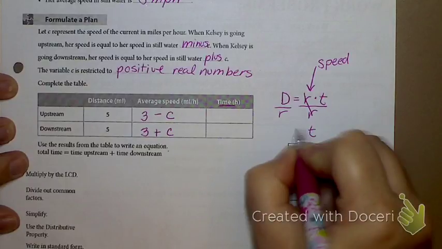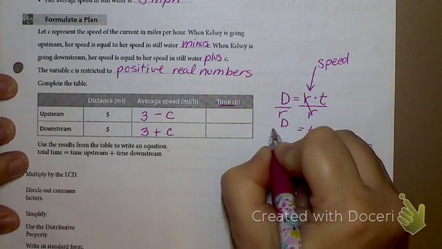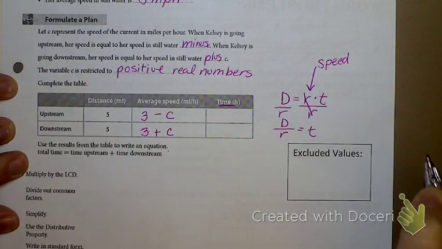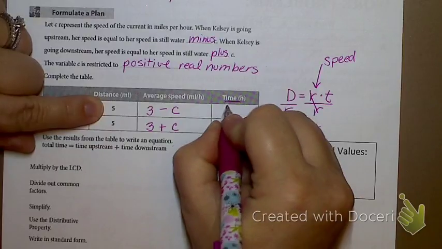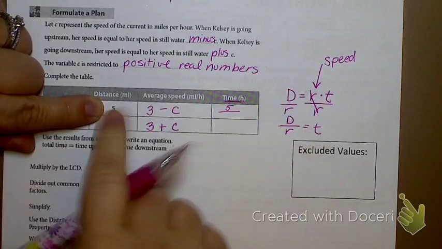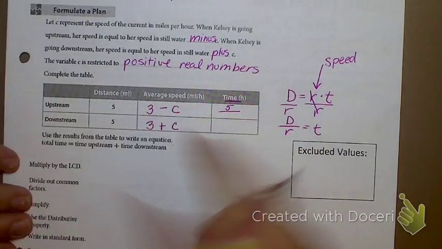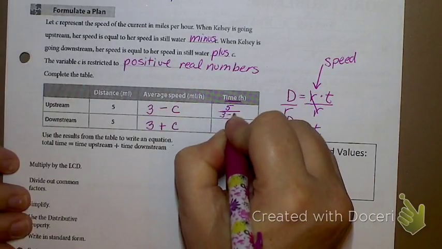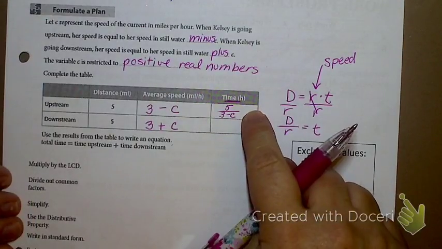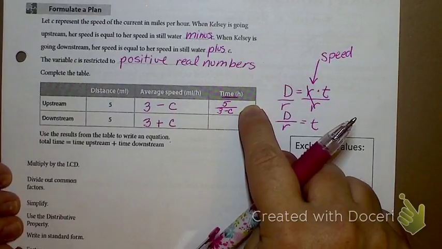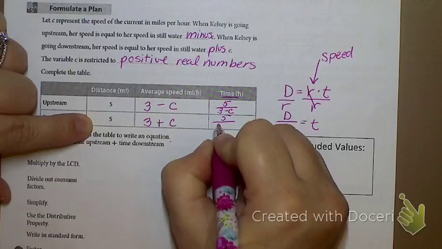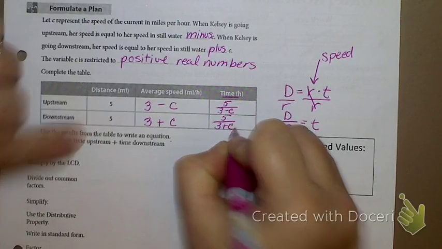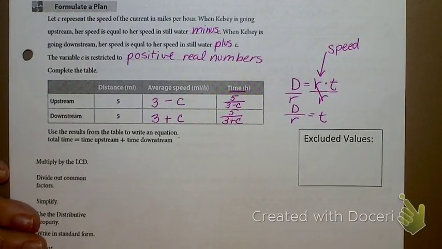So I could say that time is equal to distance divided by rate. Does that make sense? So if I took the distance, 5, and I divided it by the rate, or the speed, 3 minus c, that gives me an expression for the time. Distance down here over the rate gives me an expression for the time.